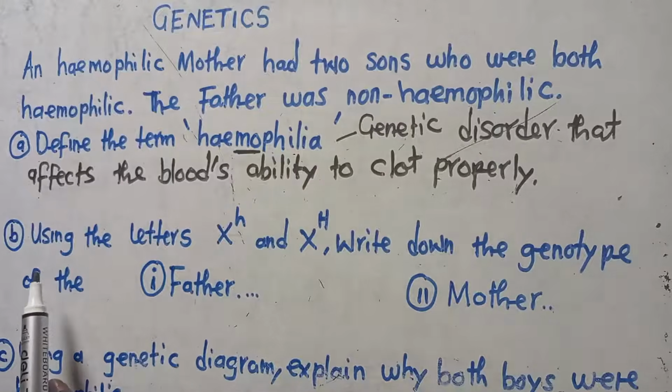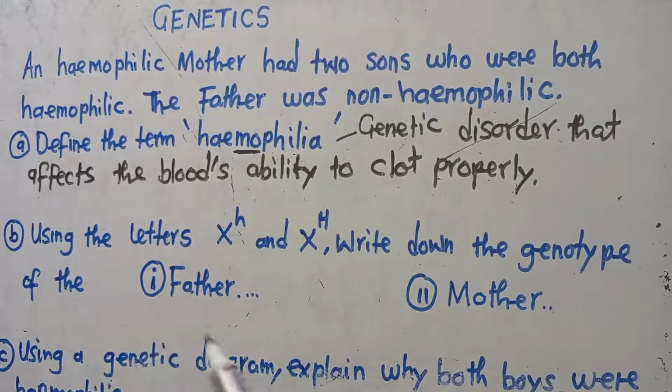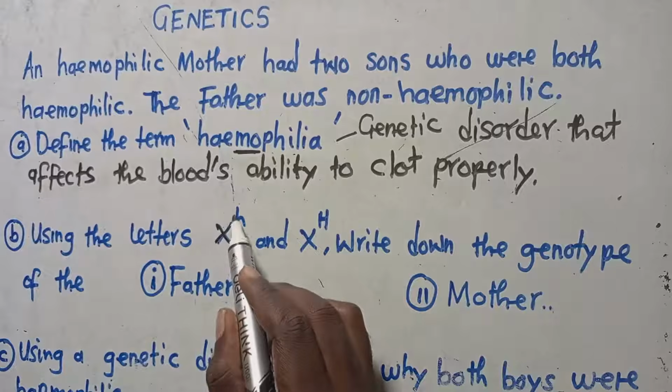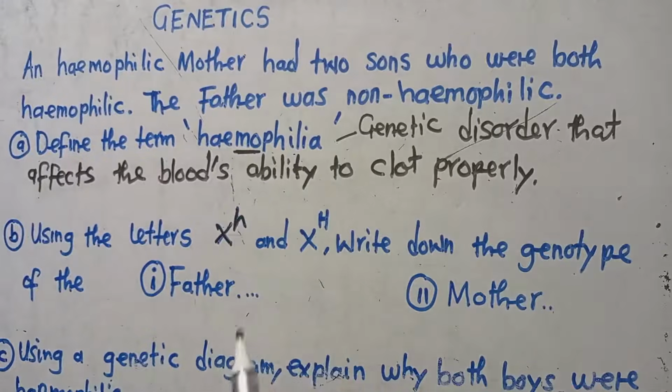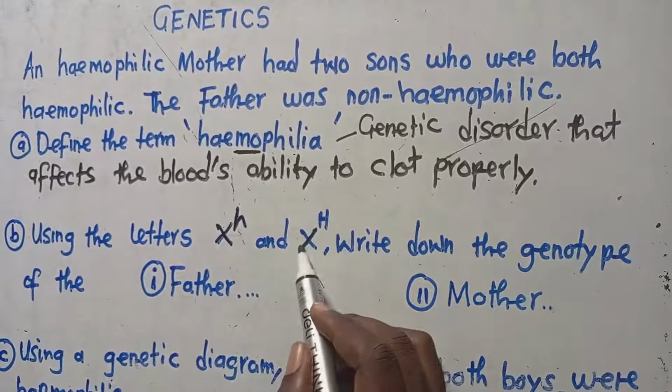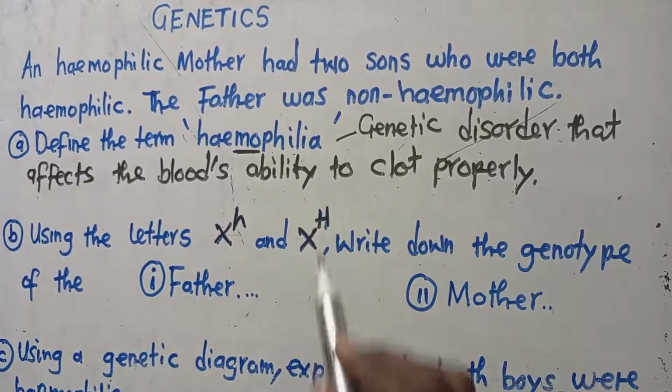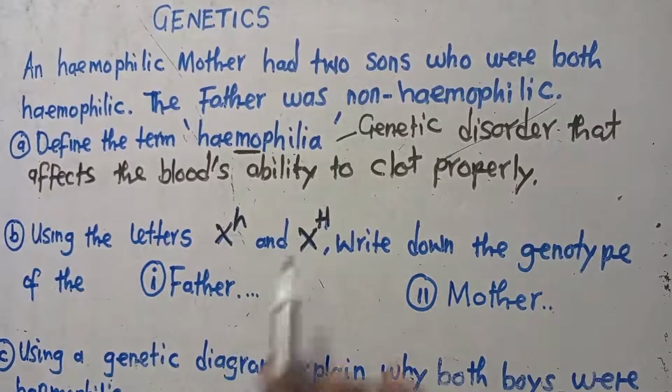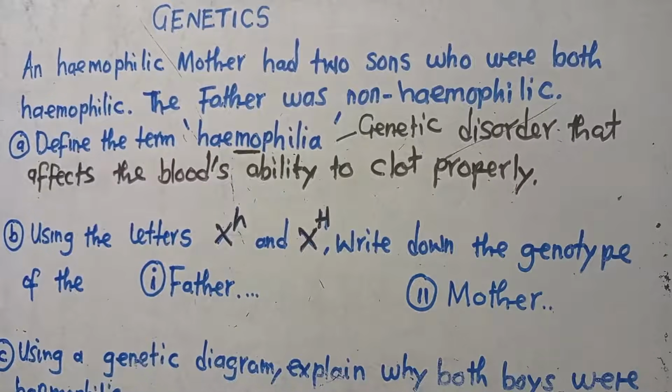We move to this one. Using the letters, we've got X with a small letter h, and X with a capital letter H on top. For us to understand these, I want you to know that hemophilia is a sex-linked disease, and it occurs on a sex chromosome.